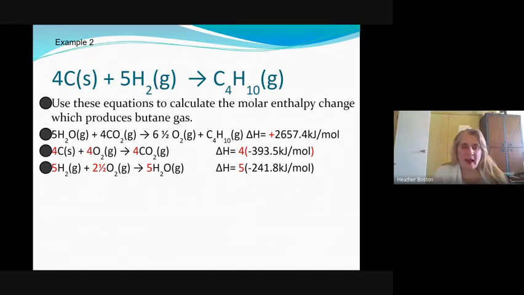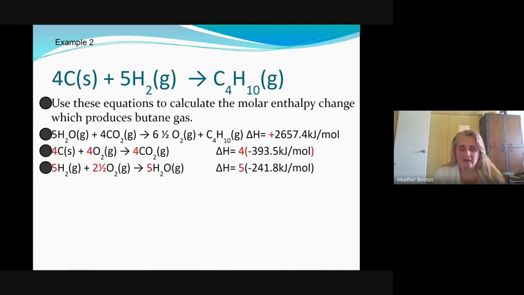Notice when you multiply the 1/2 mole of oxygen by 5, you get 2.5. So let's check out. We do have 4 carbons in the reactants, and we do have 5 hydrogens in the reactants. We also have 1 butane in the products.